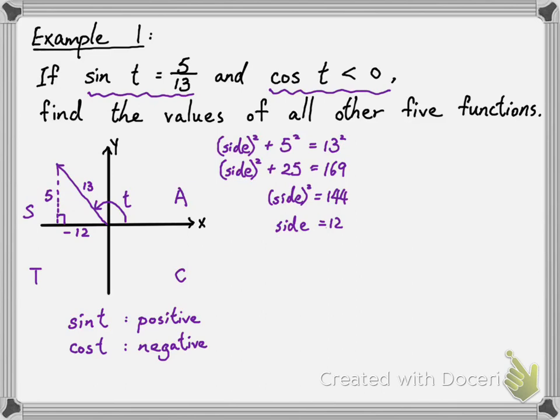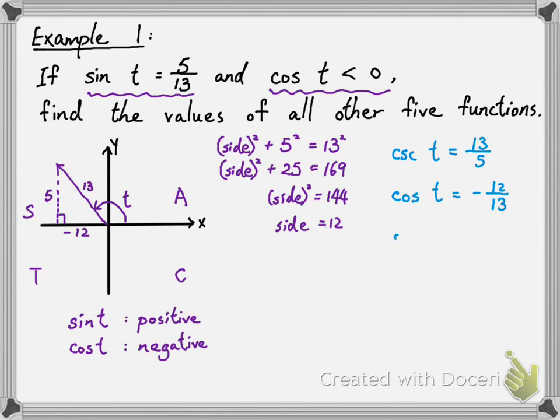Now let's find the answer to this problem. If we know sine of t equals 5/13, then we know its reciprocal function, cosecant t, is 13/5. Then cosine of t equals adjacent side, negative 12, over hypotenuse, 13.